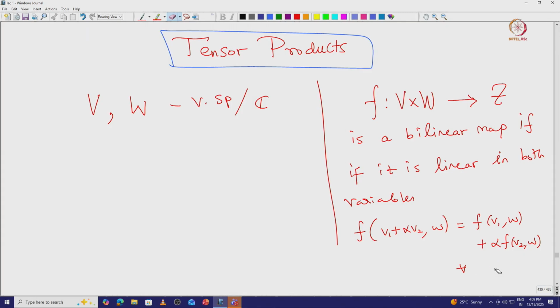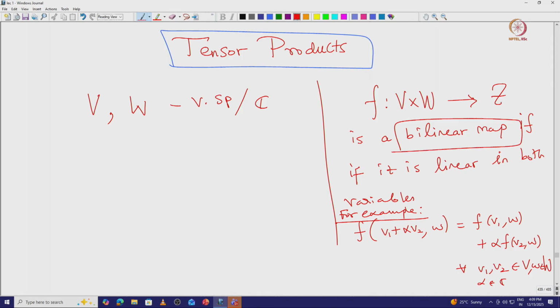This is true for all v1, v2 in V, w in W and alpha in C. Similarly, one can define linearity in the second variable. That defines what is called a bilinear map.